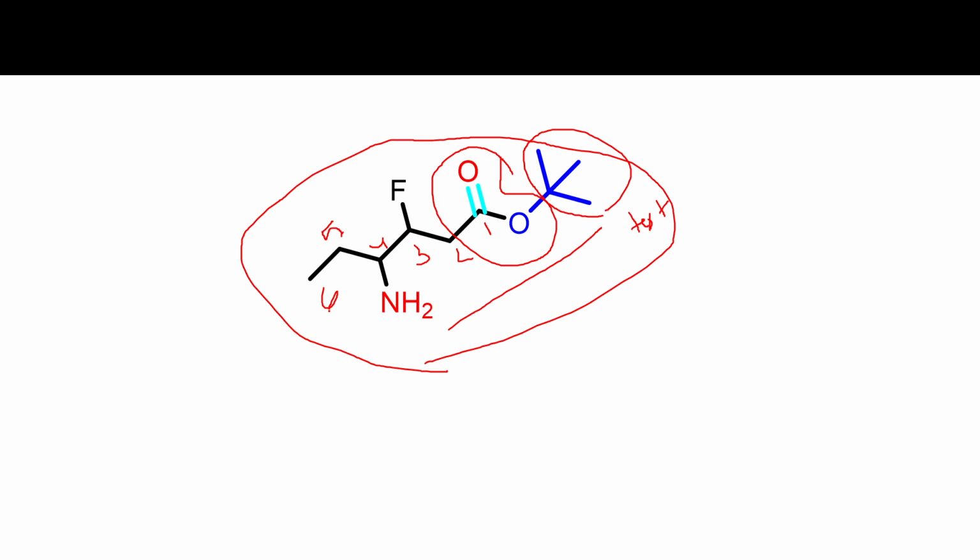Yes. So this tert-butyl you can place at last or you can place at first also. You can tell it like that: 4-amino-3-fluoro tert-butyl hexanoate, or you can place the tert-butyl first and the rest the same.